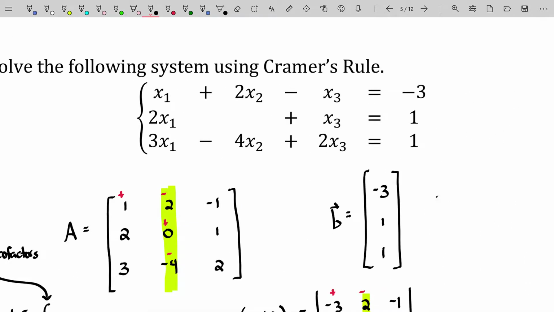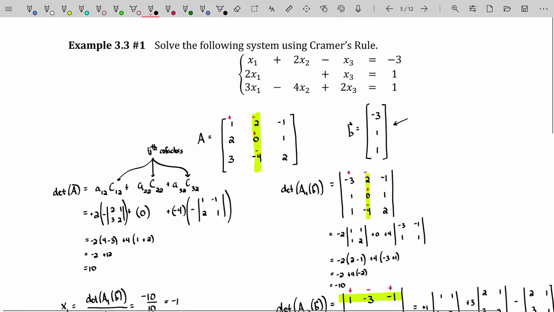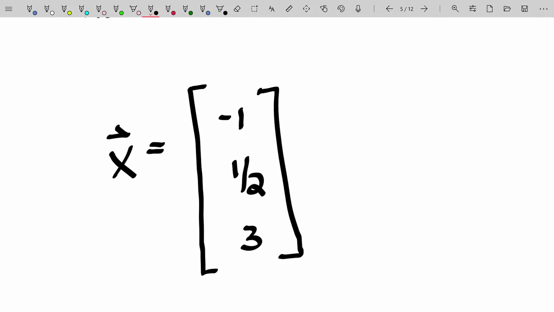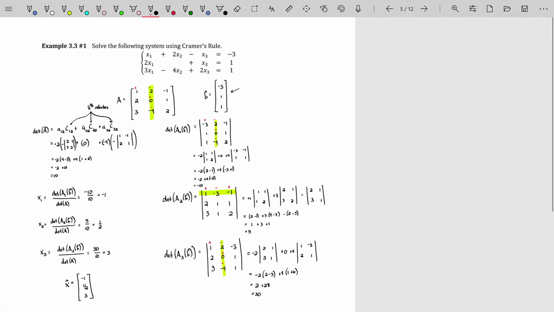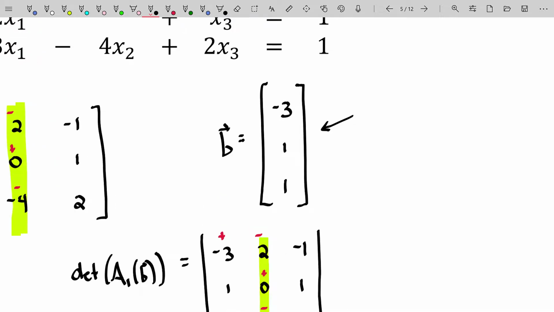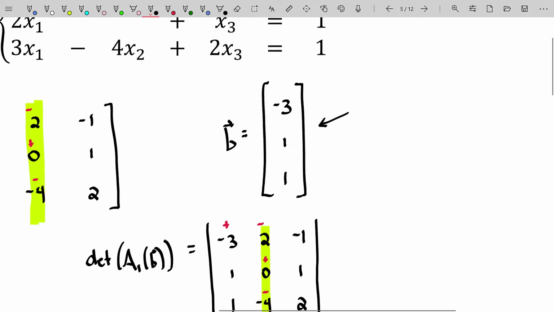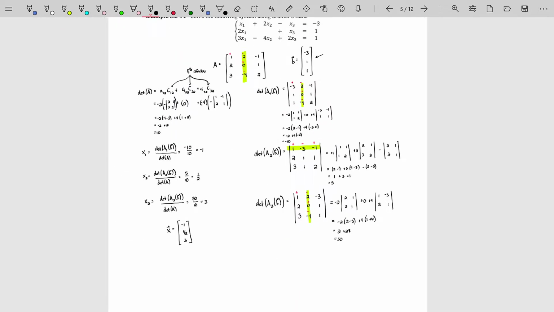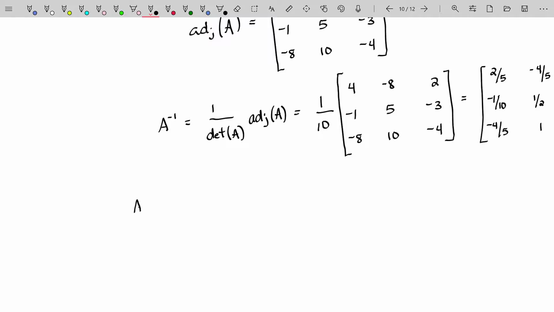Our right-hand side vector was -3, 1, 1, and we got a solution of -1, 1/2, 3. So what I'm going to do is just multiply B by the A inverse we just found to see if it becomes this -1, 1/2, 3. This is not actually part of this problem, but I just want to double check that this is our actual inverse.